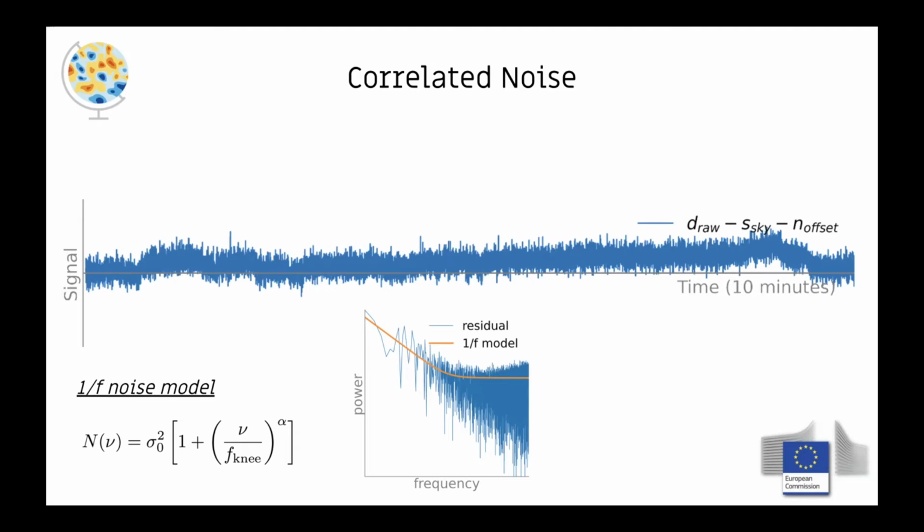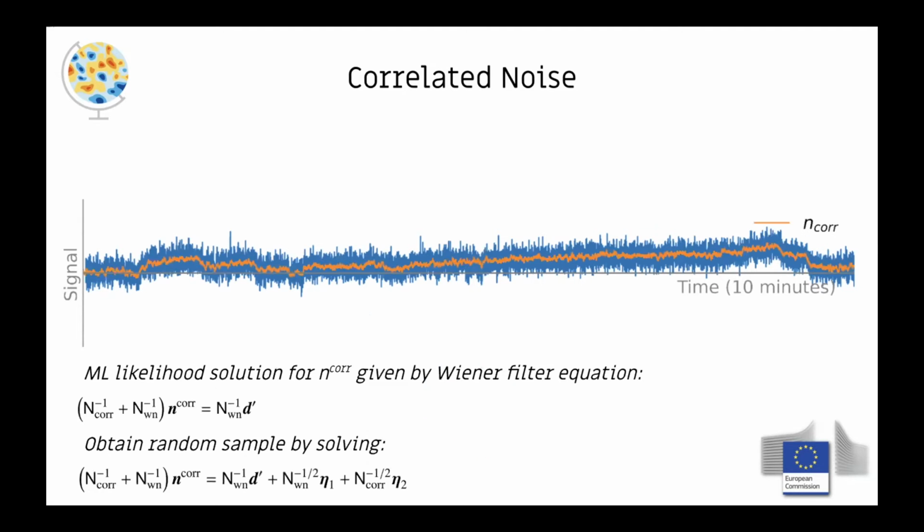Then we use these fitted model parameters to compute the correlated noise in the time domain by solving the Wiener filter equation. In order to get a random sample, we add random fluctuation terms and solve for that. That gives us the correlated noise in the time domain.